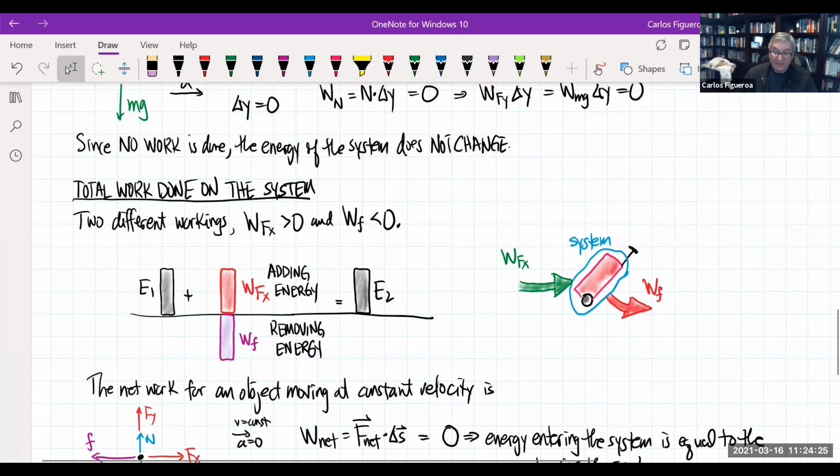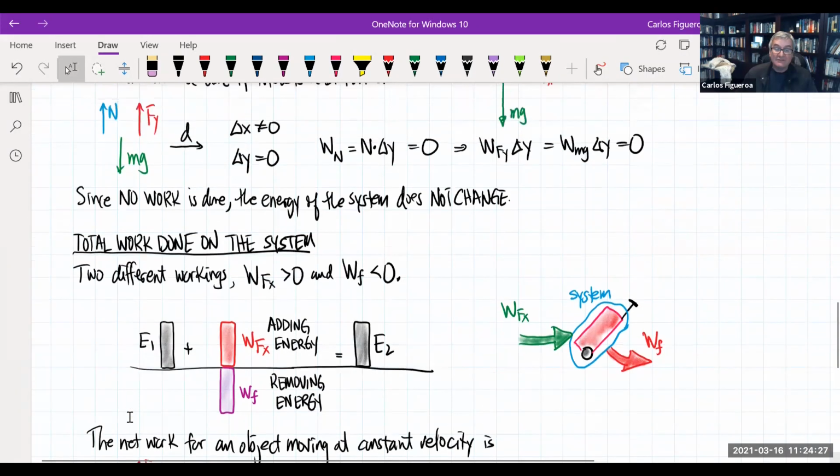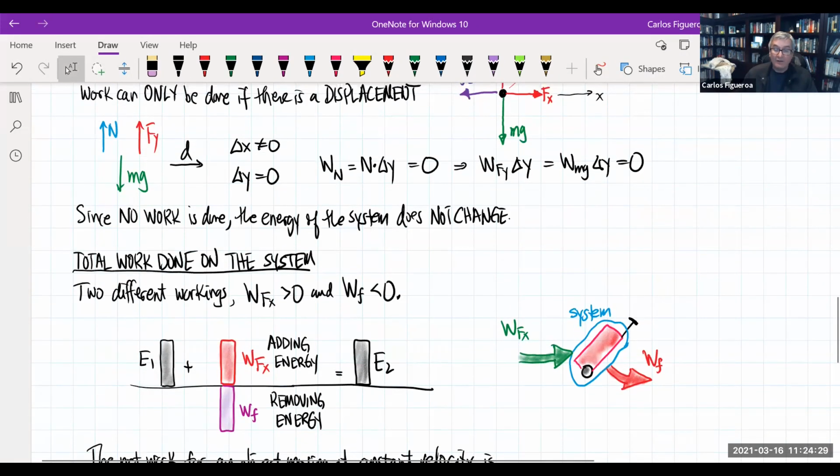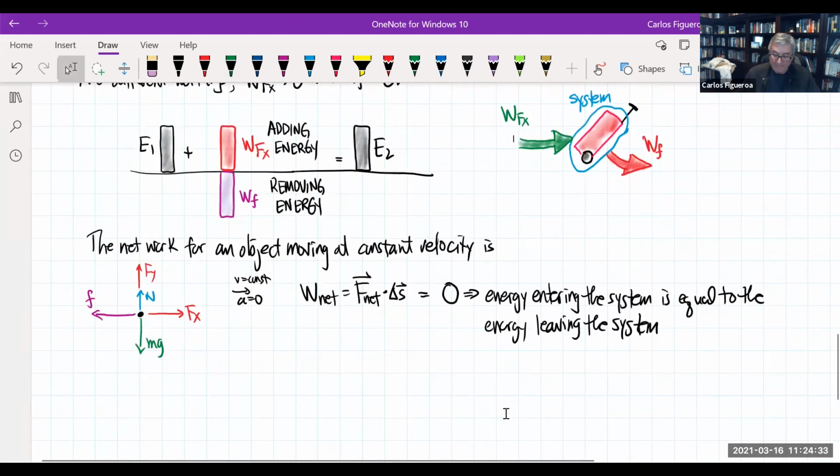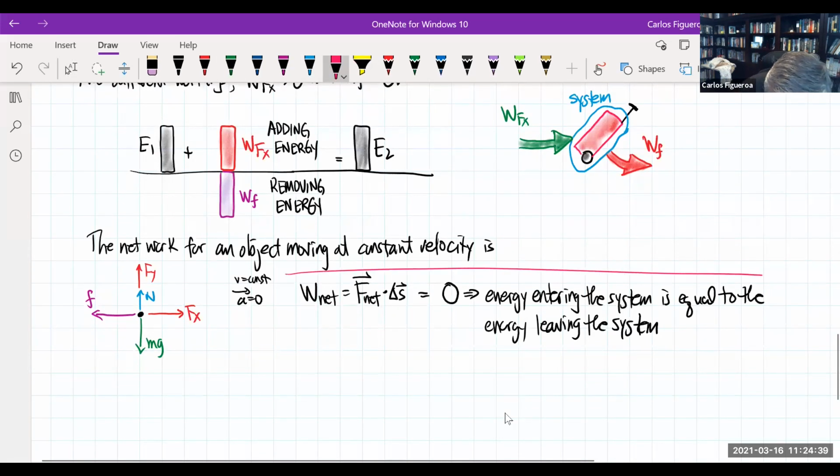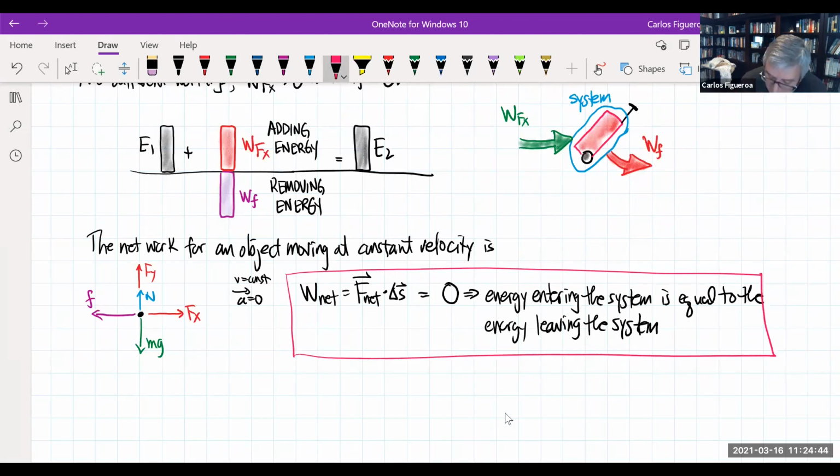So the key thing from the statement we were talking about is that when I say the net work is 0, then the energy leaving versus the energy entering have to be exactly the same.